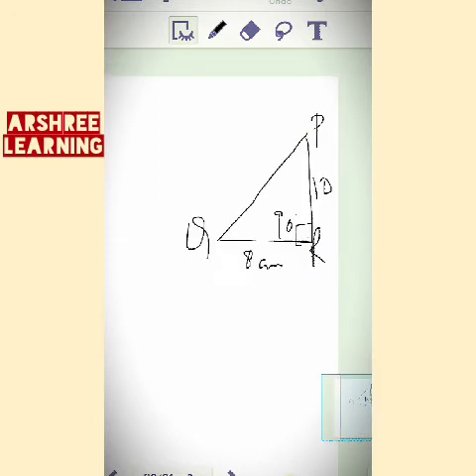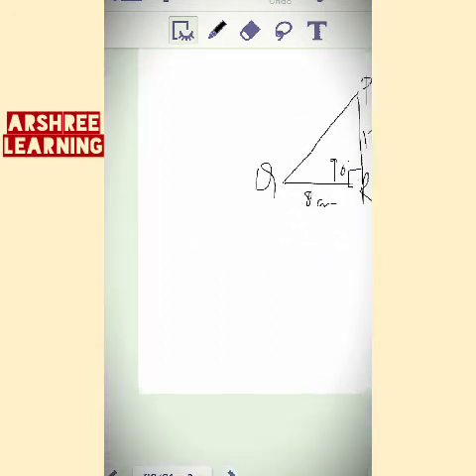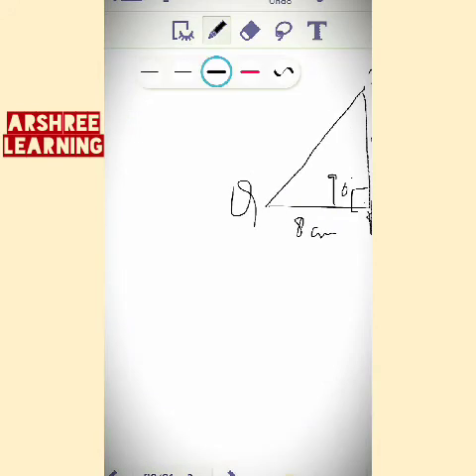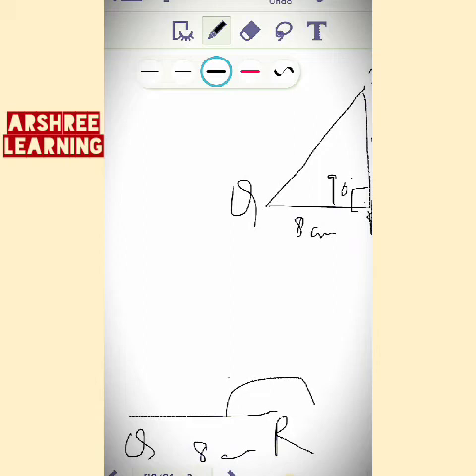To construct this figure, we have to make the length QR. From the figure it is clear. You will make the length QR equal to 8. Then you will construct angle 90 using compass.